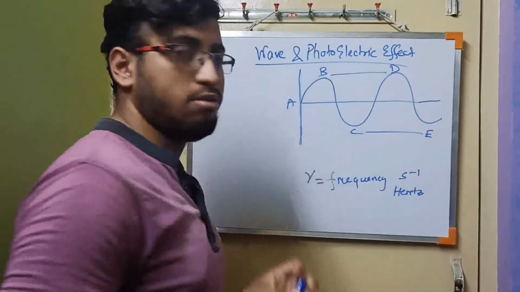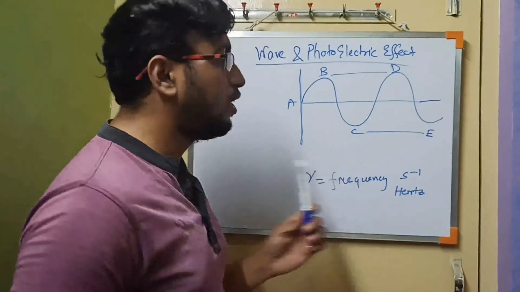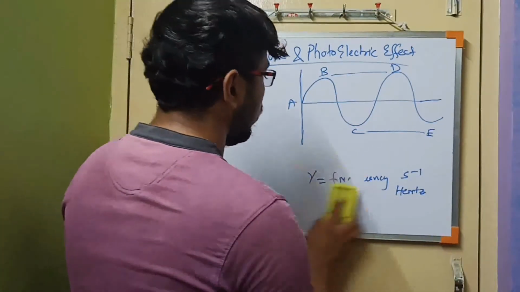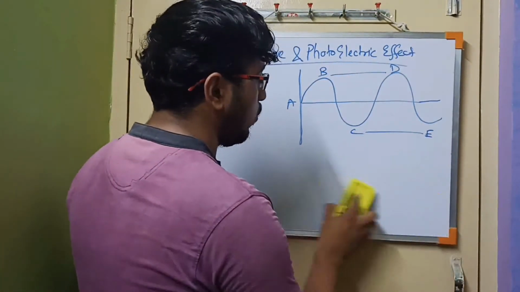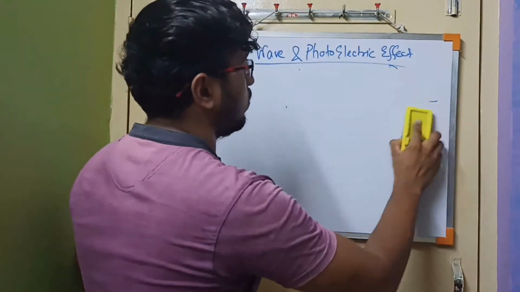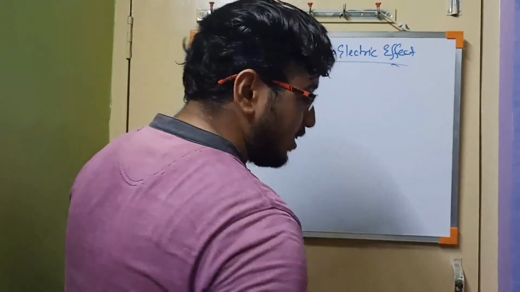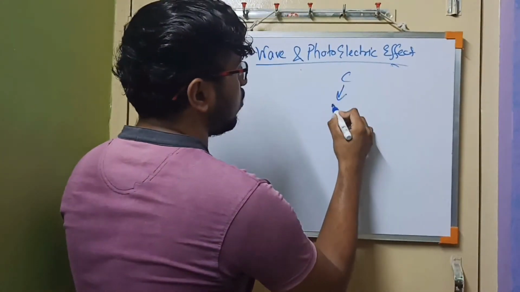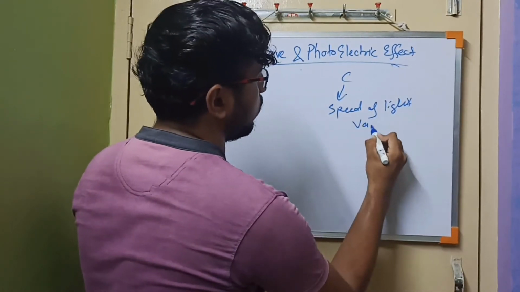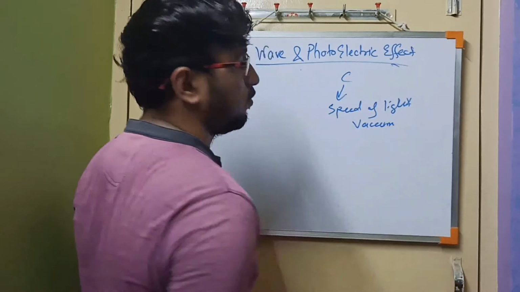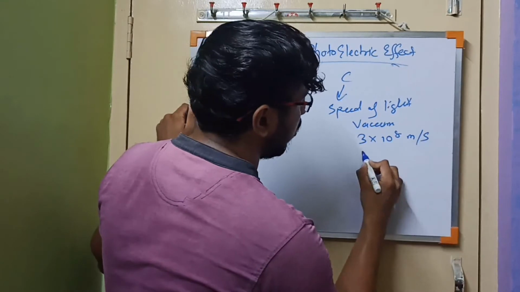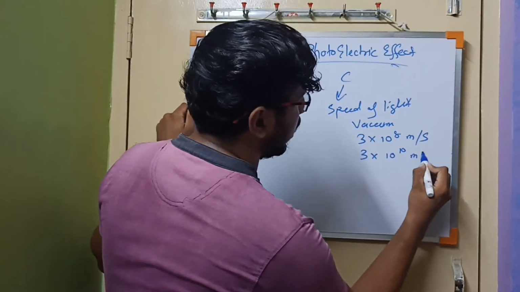Now there is a basic relation between frequency and wavelength, and we have to take another constant value in between these two properties of wave, that is c, the speed of light in vacuum, that is equal to 3 into 10 to the power 8 meter per second, or 3 into 10 to the power 10 centimeter per second.